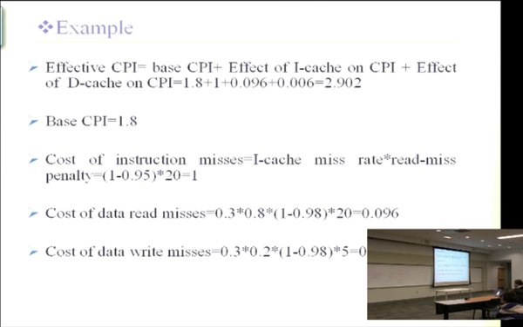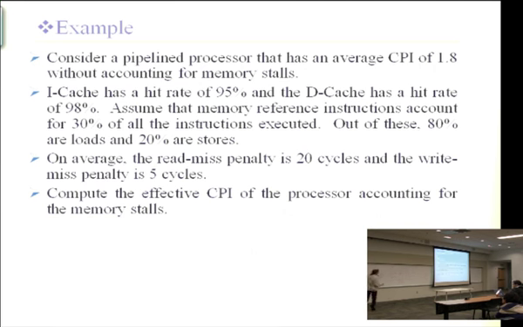And we have 30% of instructions that are used as a memory reference, and 80% of those are the read instructions or loads. And the miss rate for D cache is 1 minus 0.98. And for the read, penalty is 20 cycles.